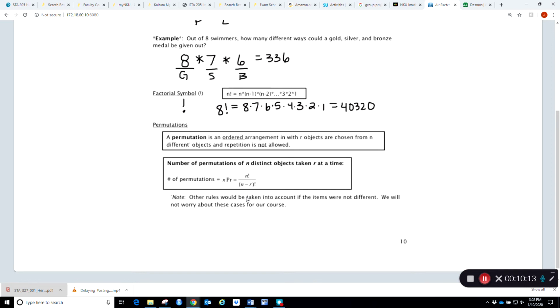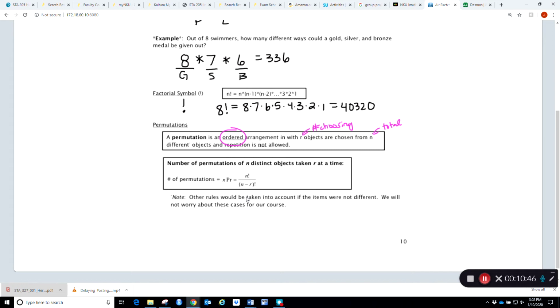So a permutation is an ordered arrangement where R objects are chosen from N total objects. So R is the number you're choosing, and N is your total number. And repetition is not allowed.